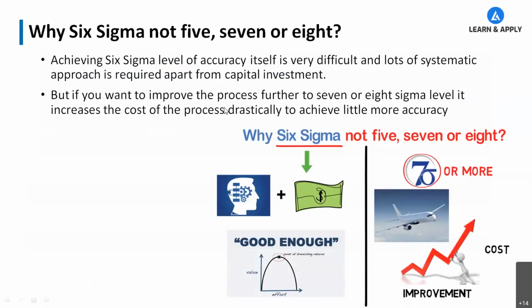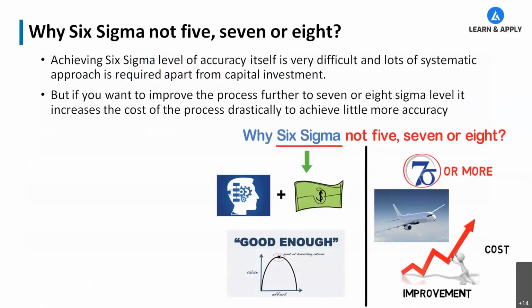But if you want to improve the process further to 7 or 8 Sigma level, it increases the cost of the process drastically to achieve a little more accuracy. Even the very minute improvement requires a lot of money.